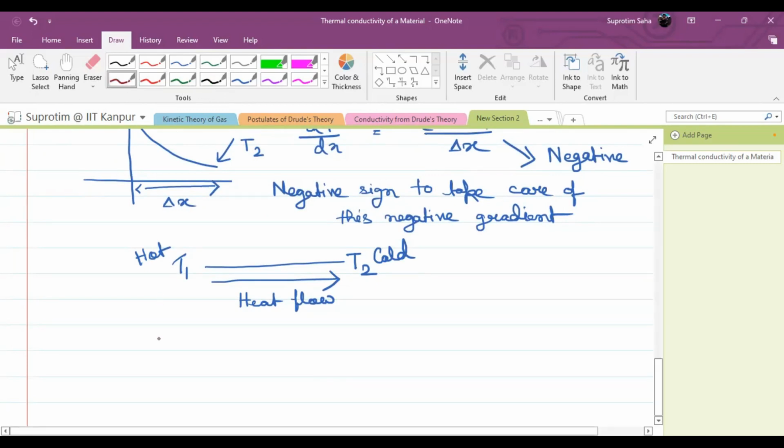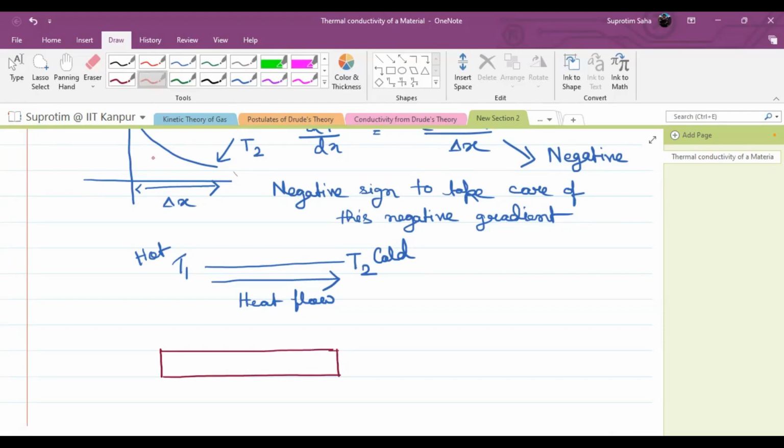Redrawing it again. So this is your sample. This is your hotter part and this is the colder part.